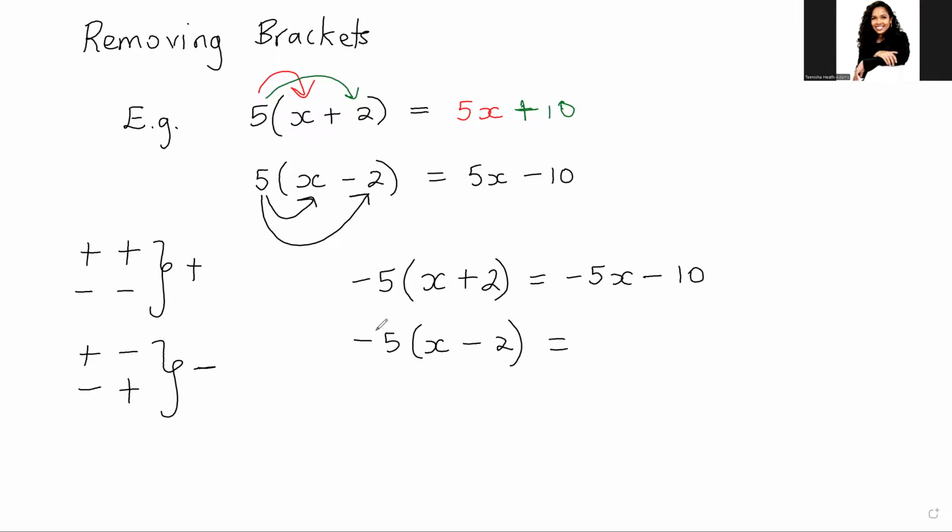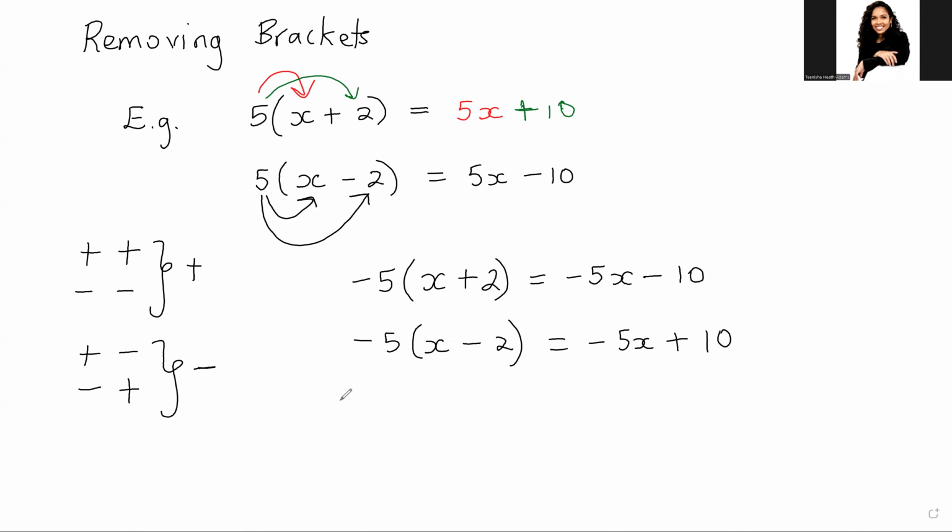Well, this would be negative 5 times x, which is negative 5x, and then negative 5 times negative 2. A negative by a negative is a positive. So this would be plus 10. So it's important to refresh your memory with removing brackets because it's important in the substitution method.